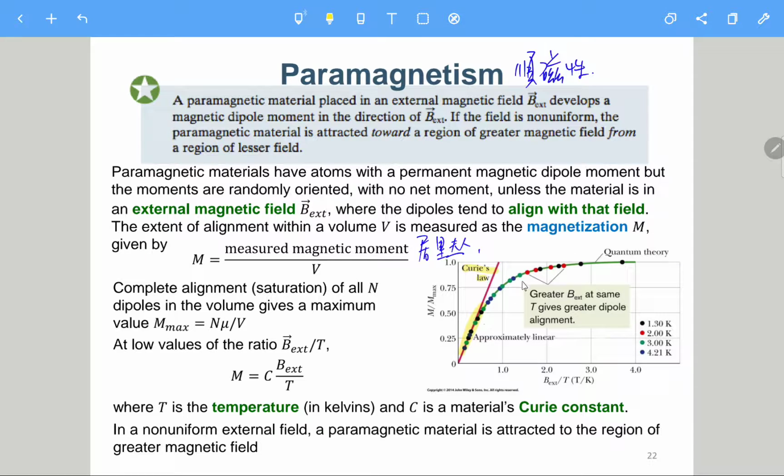And actually for this phenomenon, we really need quantum theory to explain it.